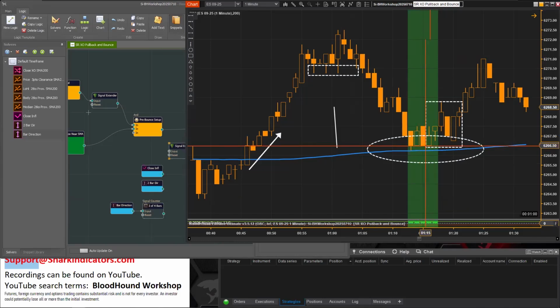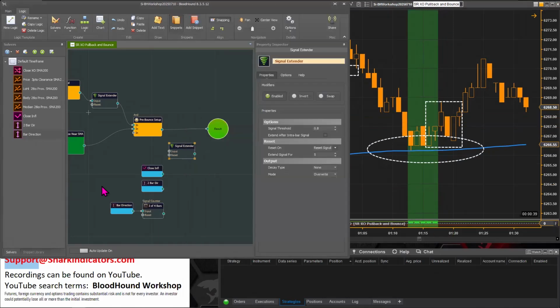So we don't have an output going far enough forward into the future to account for the bars moving away. So we do need to extend this a few more bars, and how far we need to extend this depends on how conservative you are with needing price to bounce away.